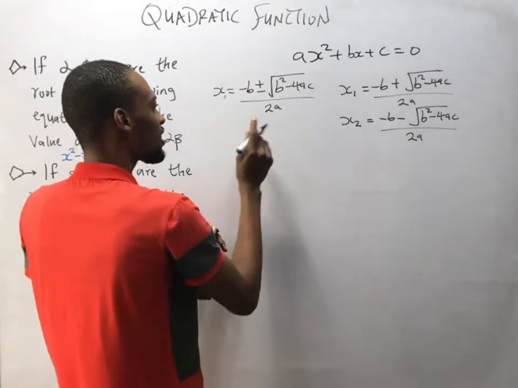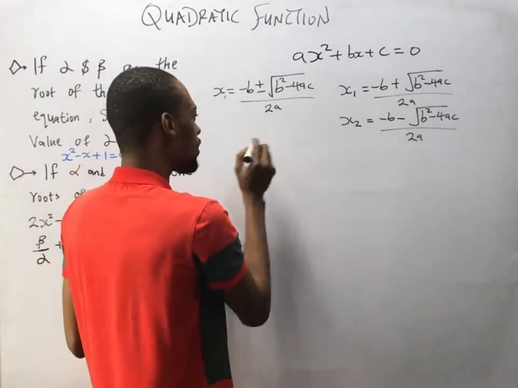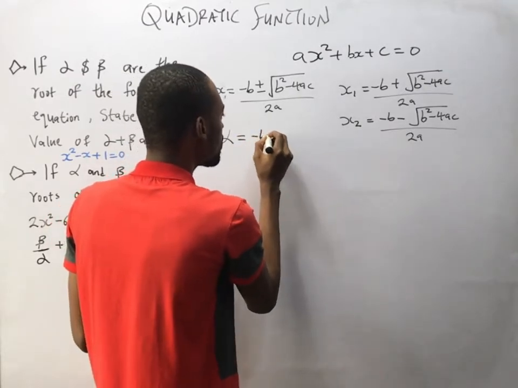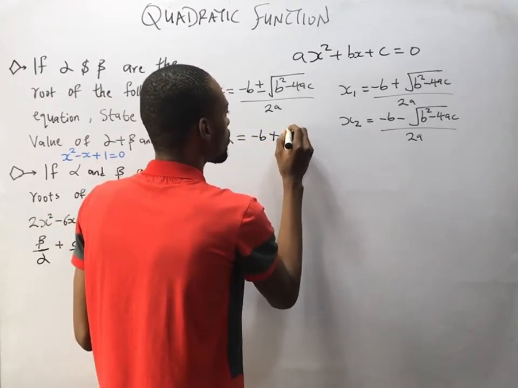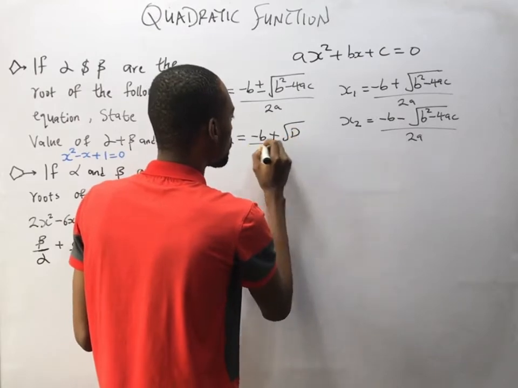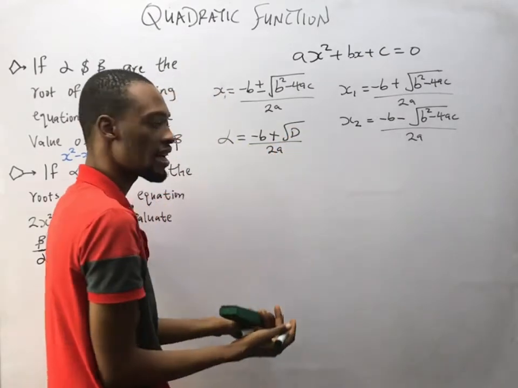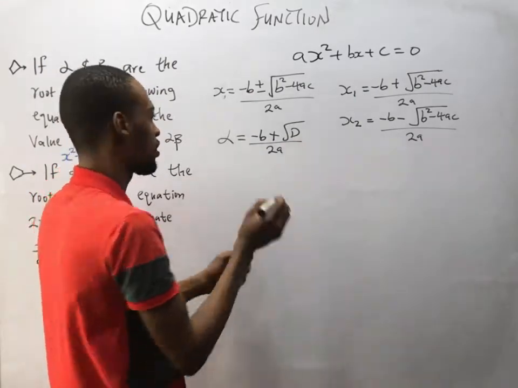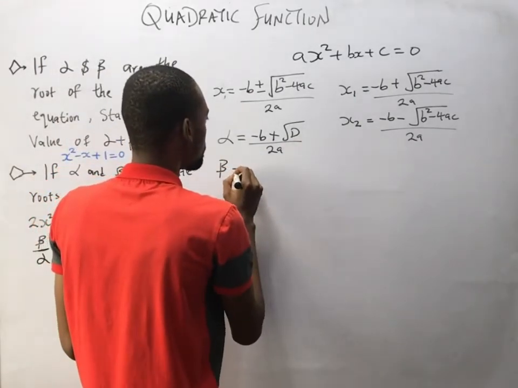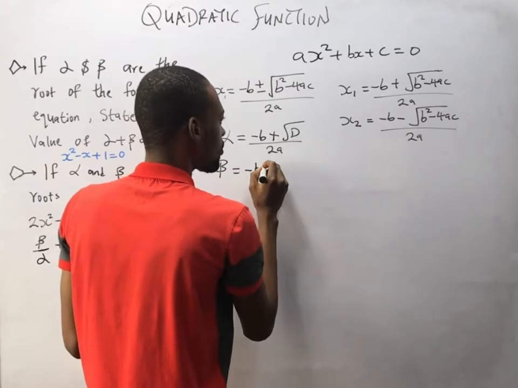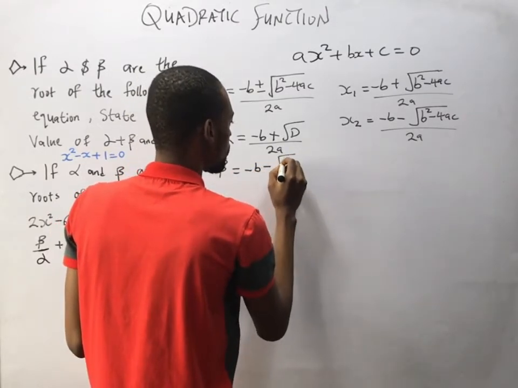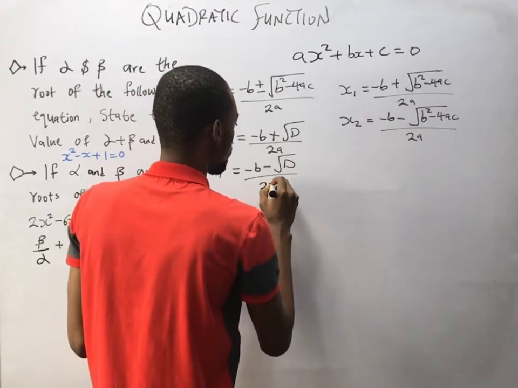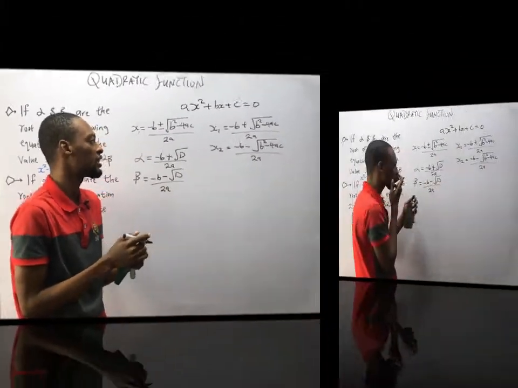So we already agreed that let x1 be alpha. So alpha will simply equal minus b plus square root of d over 2a, right? We also agreed that let x2 be beta. So beta is simply minus b minus square root of d all over 2a. So check if you agree with that.